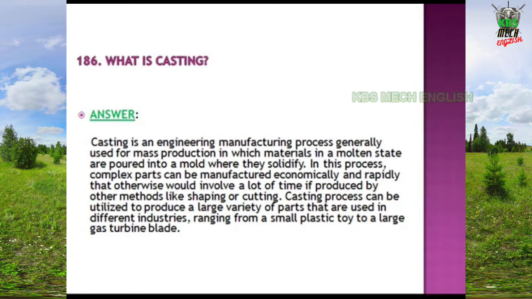In this process, complex parts can be manufactured economically and rapidly that otherwise would involve a lot of time if produced by other methods like shaping or cutting. Casting process can be utilized to produce a large variety of parts used in different industries, ranging from a small plastic toy to a large cast iron blade.